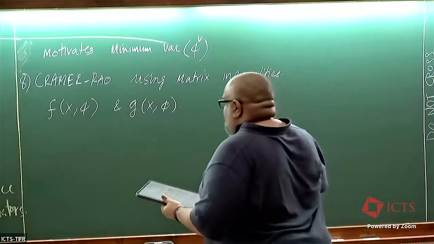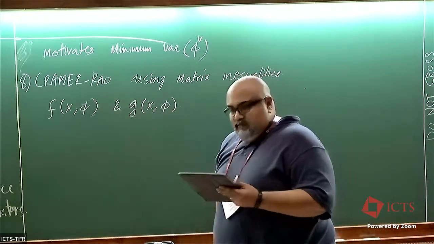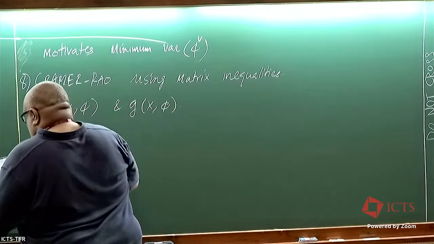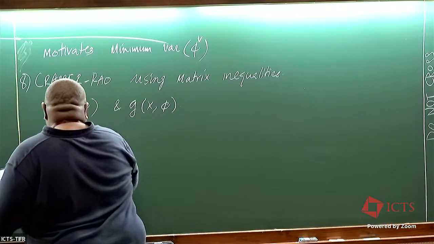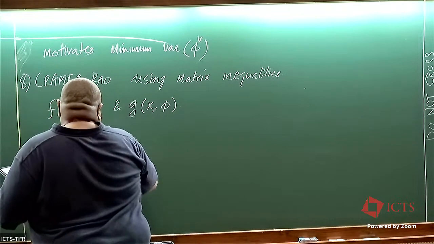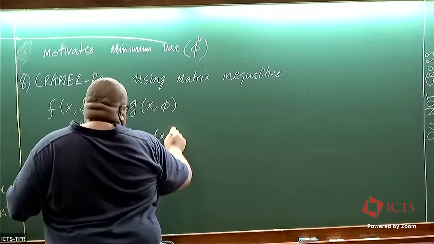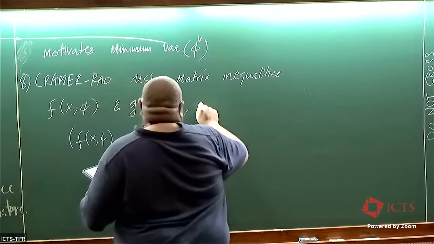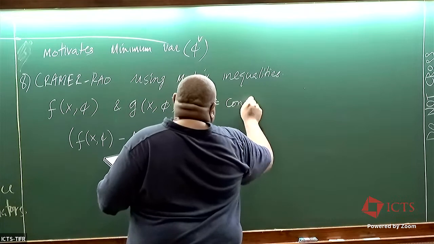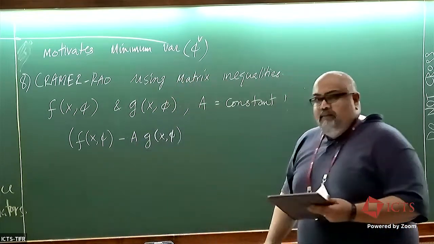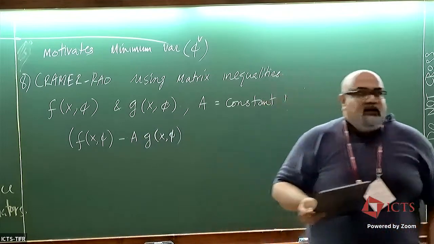If you want to look at the matrix version, it's in any one of those reviews. And what I want to consider basically, A is some constant, and I'll pick this constant judiciously in about 5 minutes.